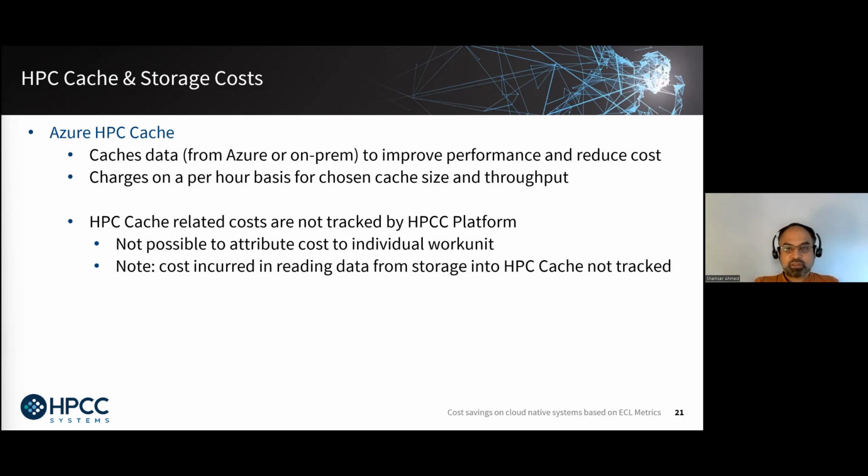HPC cache causes further issues with the file cost information, because the cache itself is populated from the storage, and as the data is read from Azure storage to populate the cache, a cost is incurred from reading the Azure storage. This cost is not reflected in the logical files cost stats. Access costs caused by accessing logical files that bypass HPCC will not be reflected in ECL Watch file access costs.